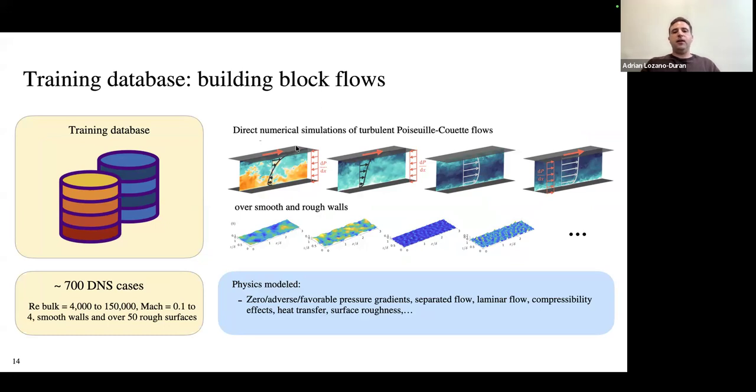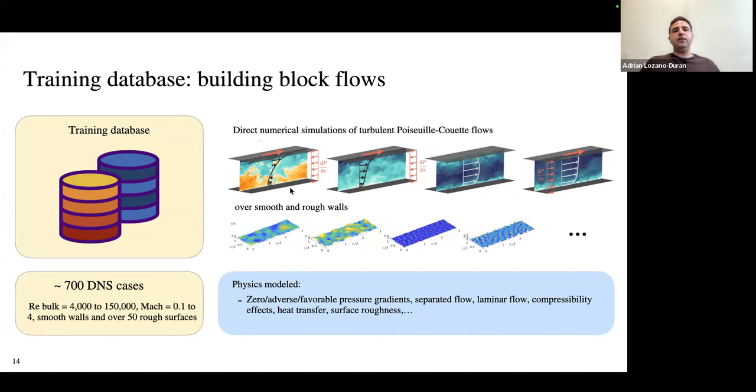And by changing the Reynolds number based on the walls and the Reynolds number based on the pressure, I can generate different mean velocity profiles. And these mean velocity profiles, in a way, are mimicking the effect of pressure gradients: from zero pressure gradients, adverse, favorable, even separation in a way, because you can have flow reversal, and that will be what you see here in this mean profile.